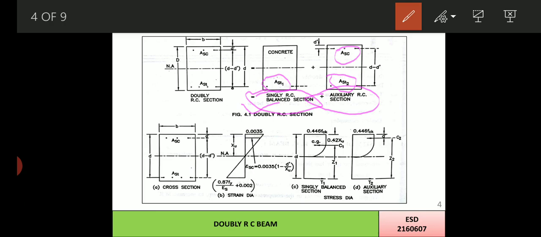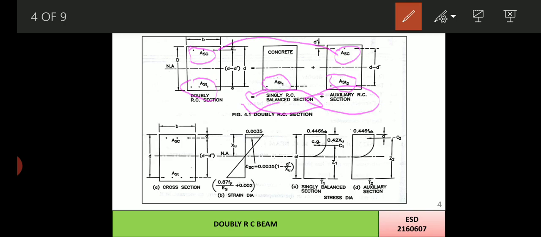So once we combine these two beams, ultimately it will become our WRC beam. Now this AST is the combination of AST1 plus AST2, that is the total tension reinforcement of the WRC beam, while ASC indicates the compression reinforcement in the compression zone.